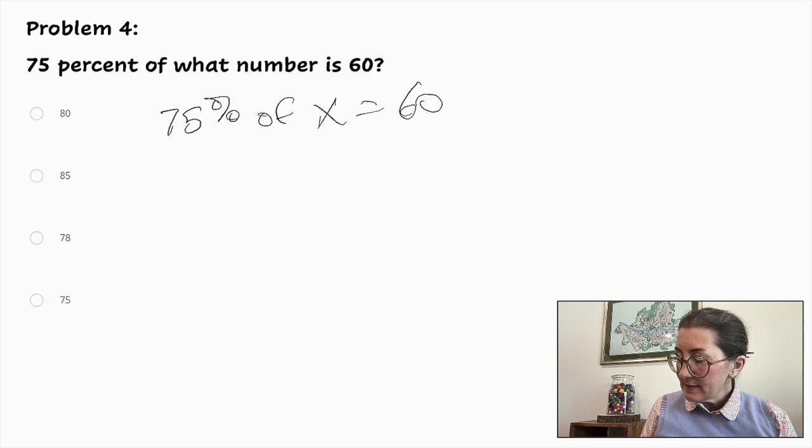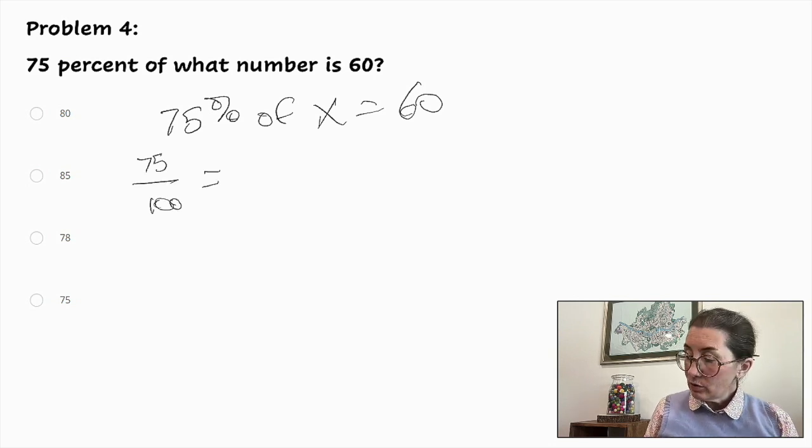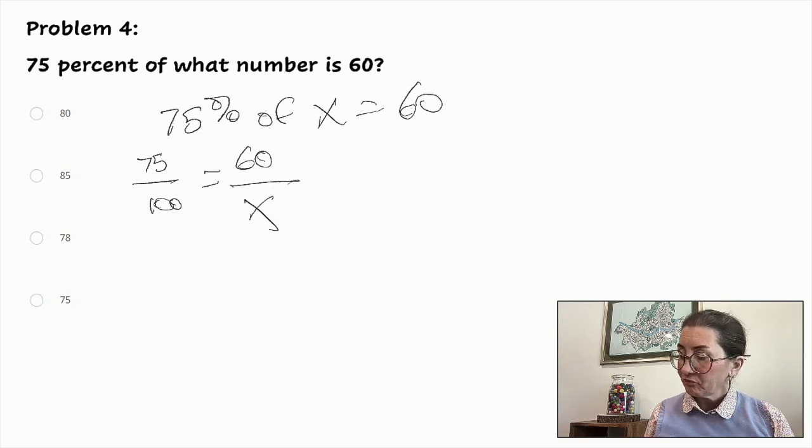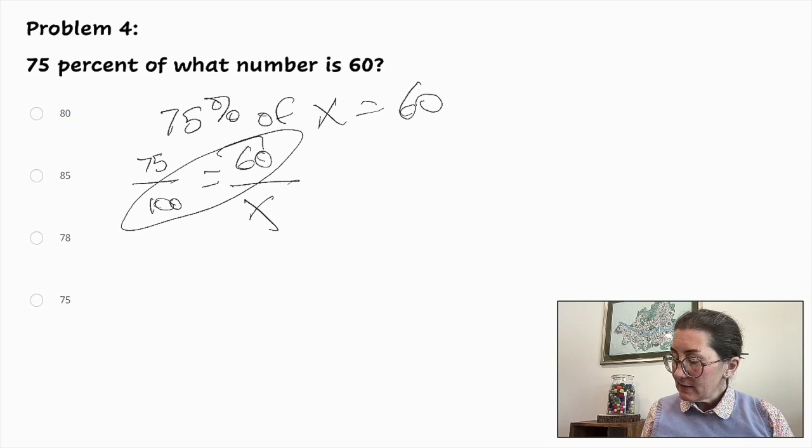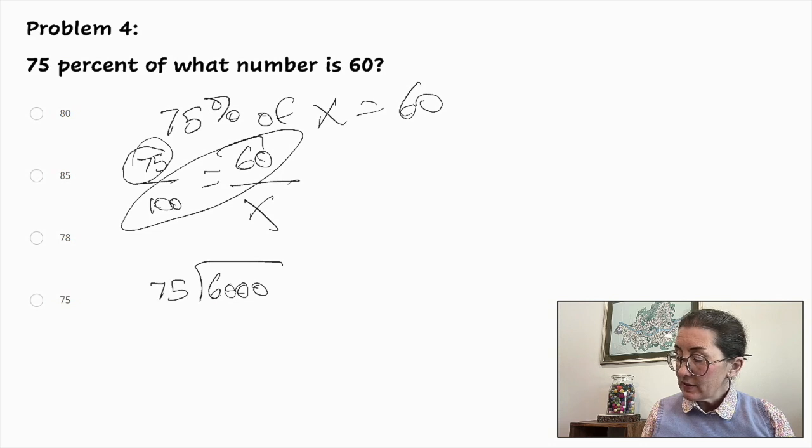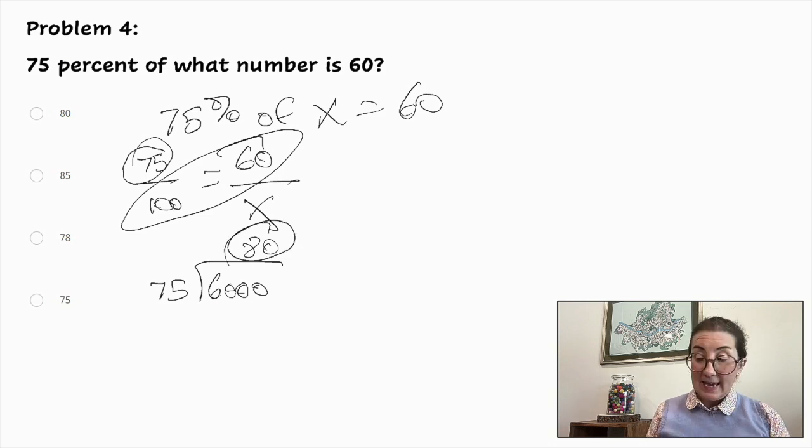So that means 75 over 100 is equal to 60 over x. 100 times 60 is 6,000, and we divide that by 75. 75 into 600 is 8. We bring the 0 up, and we have an answer of 80.